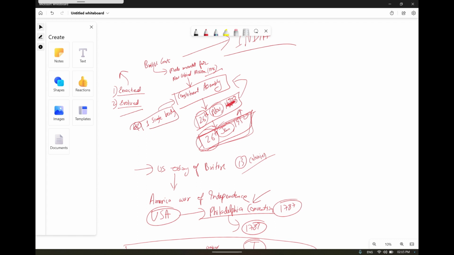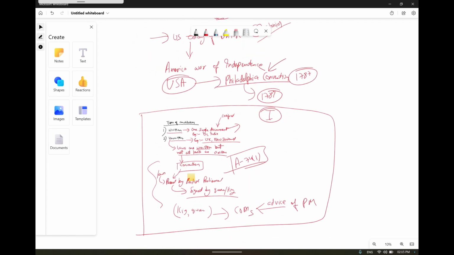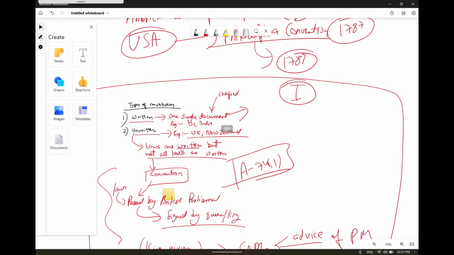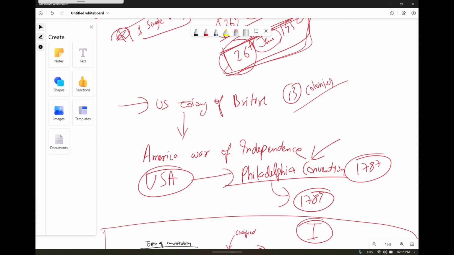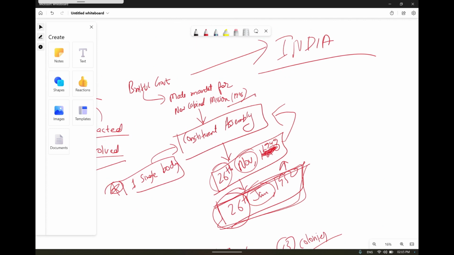As we have just seen, the UK has an unwritten constitution. There are many things that work upon convention, which we have already discussed. So how is this evolved? Evolved means the laws are evolved over a period of time.